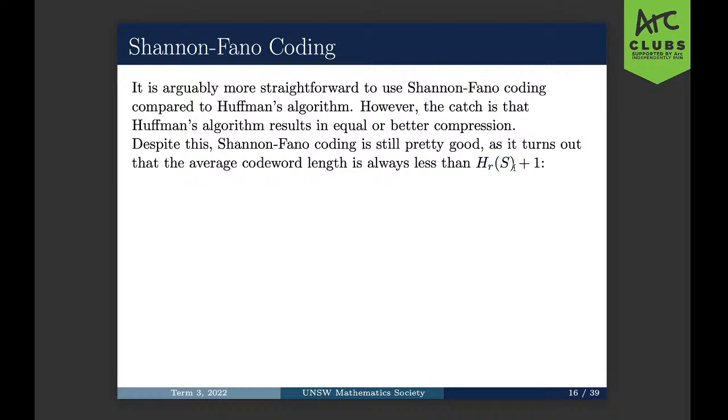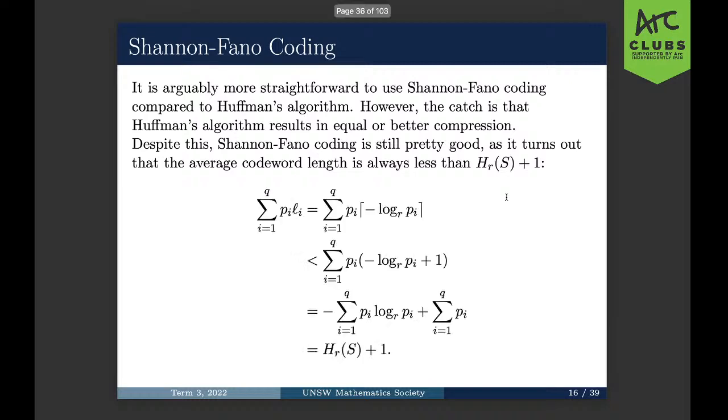Remember, you can't do better than the entropy as the average length. So entropy plus 1 as the upper bound, that's pretty good, in my opinion at least. This is how you prove it. I won't go through exactly. It's exactly the same proof as in the lectures.